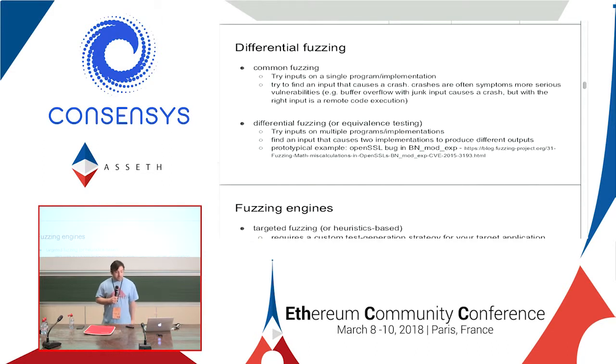So how we find them is with differential fuzzing or equivalence testing. We generate a contract, run it on Geth, run it on Parity, run it on CPP Ethereum. If there's any difference, then it's a consensus bug.